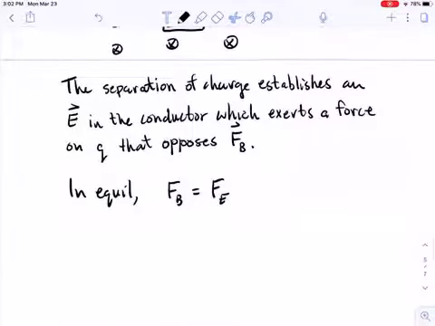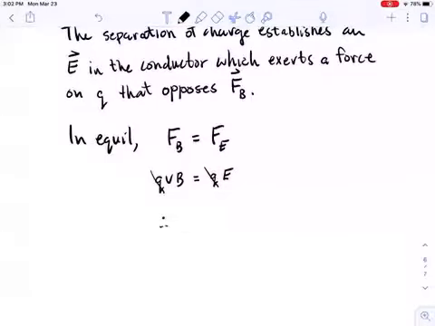So the equilibrium condition is, for the magnetic force, we have QvB, and for the electric force, we have Q times E, and so we can cancel the factors of Q, and so the electric field in equilibrium is equal to the speed with which we pull our conductor times the strength of the magnetic field that is applied.